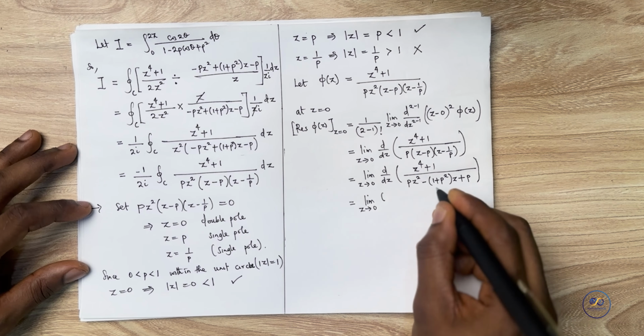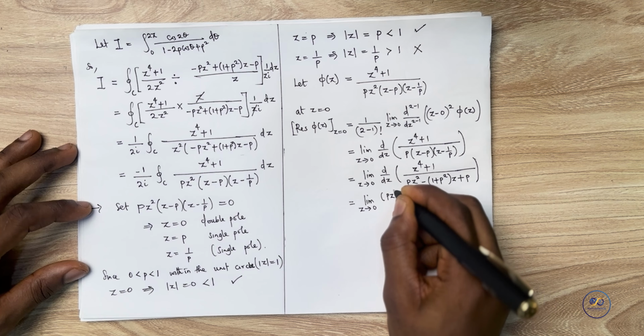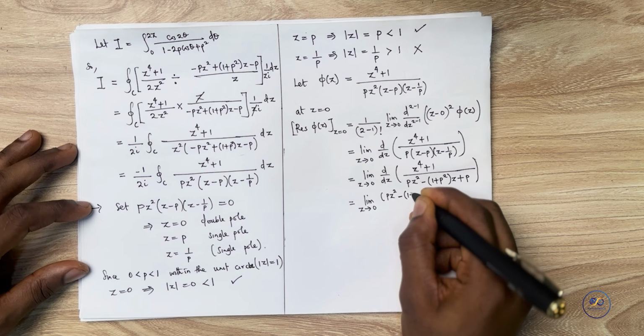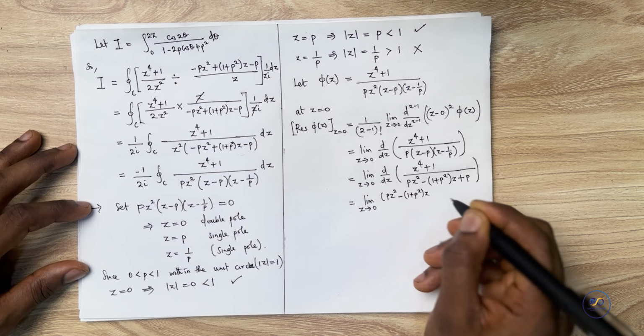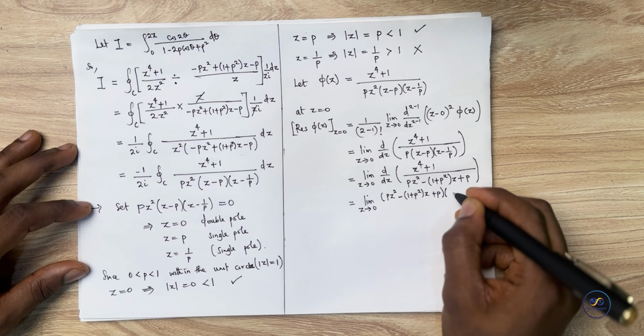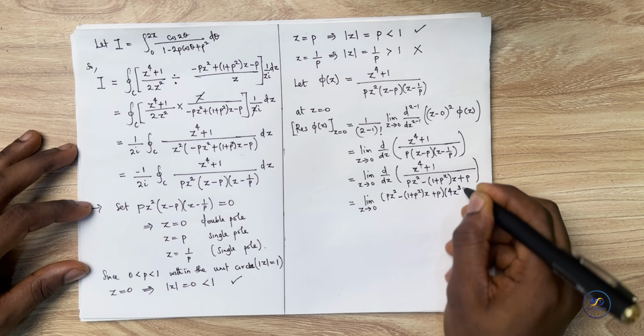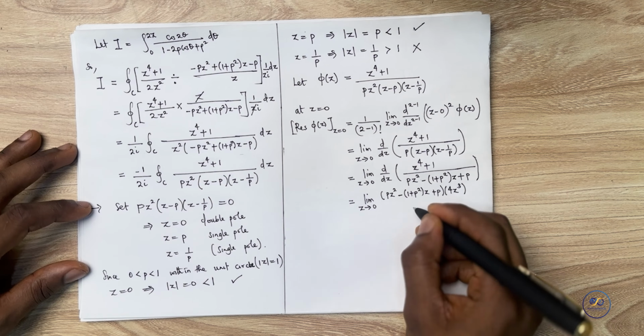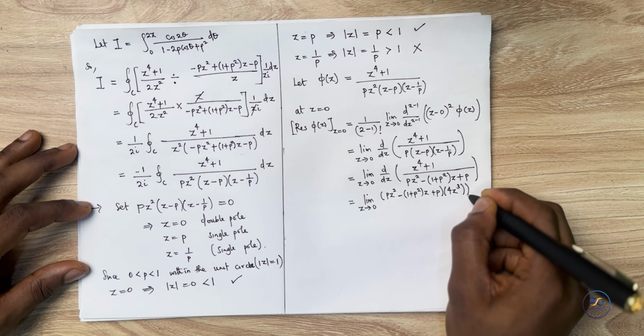We see that the numerator, which is vdu, which will be pz squared minus 1 plus p squared z plus p, right, will be multiplied by 4z cubed, that's vdu, and then this is just the first part.